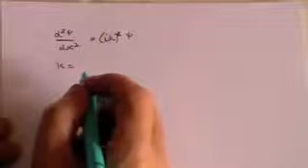Now let's just remember that k is equal to p over h bar, because I'm defining k as 2 pi over lambda.